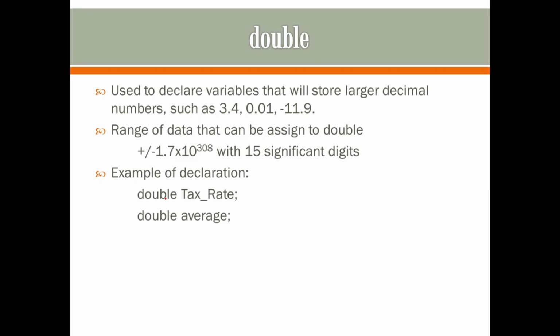The range is up to 15 significant digits. Examples of declarations: double taxRate, double average, double height, double length. To declare the variable, we store a decimal number.